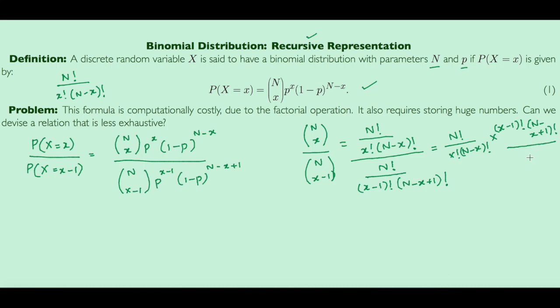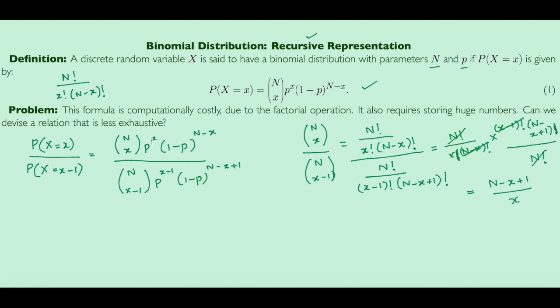So I am left with (n minus x plus 1) over x.